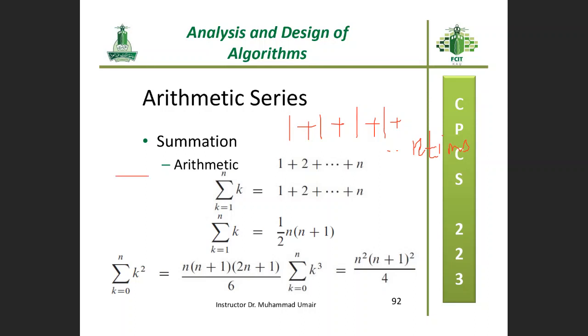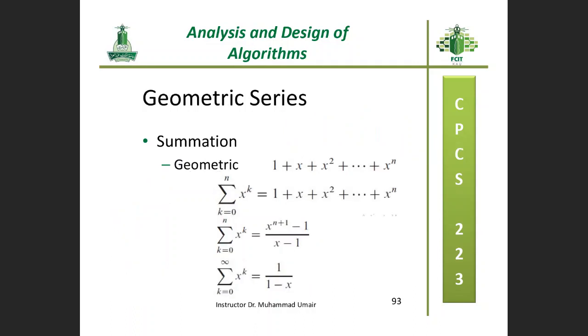It will be written as 1, with i assigned 1 till n. Please revise this concept. I know you studied it one year earlier in discrete structures, but please refer to those notes and memorize this formula. Yes, the answer will be n. You are right. So these are some formulas I have given here.